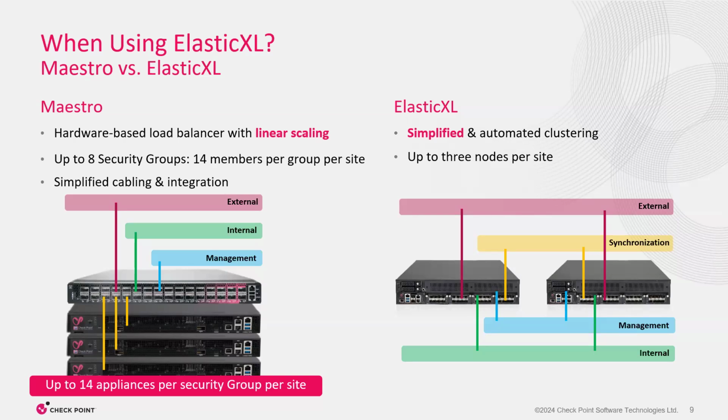ElasticXL simplifies a whole pile of this scenario with one minor complexity, as every firewall will need to be connected to every network. The same way you would right now, but if you add a third, you need to add the third in. As part of it, though, it does simplify a lot of your clustering because you can then start moving through the pivot scenario where you will send traffic to one gateway.